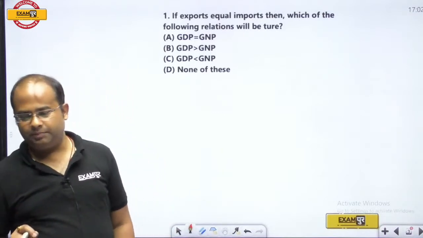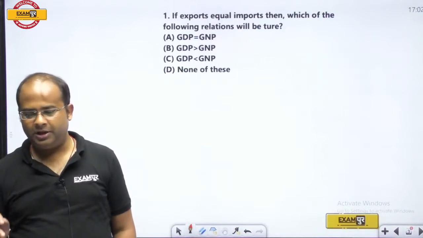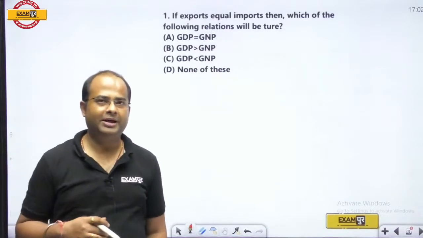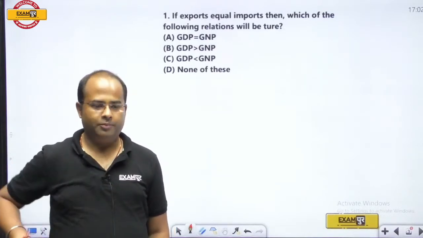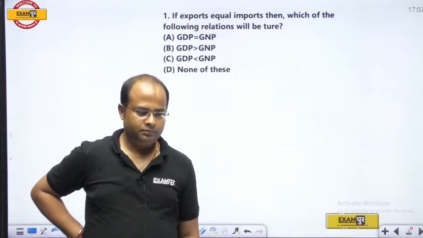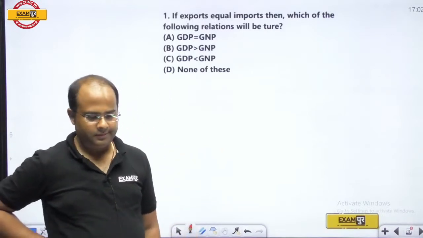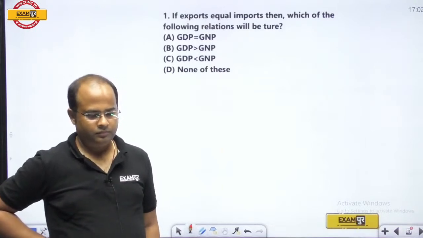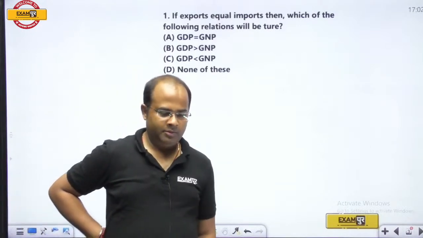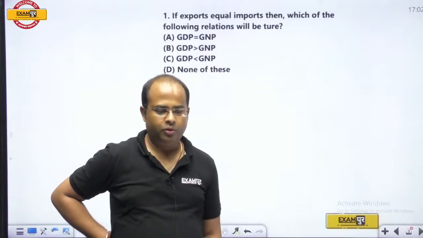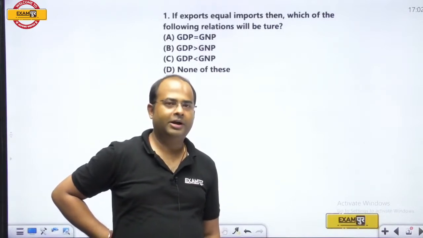GDP is equal to GNP, GDP greater than GNP, GDP smaller than GNP, or none of the relations will exist between GDP and GNP. What will be the correct option?